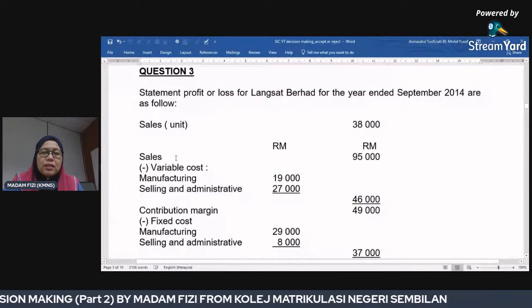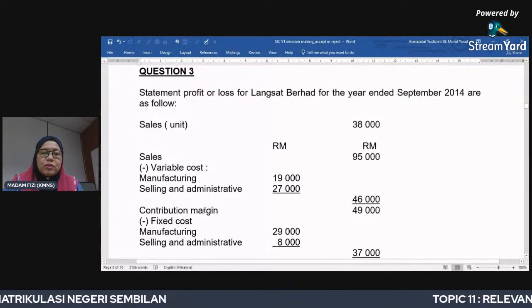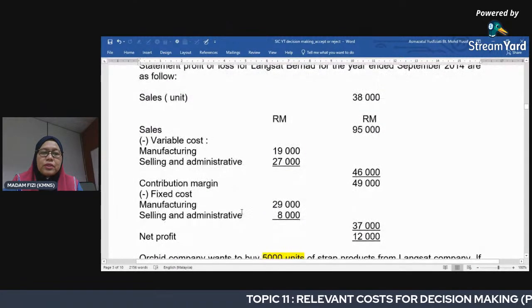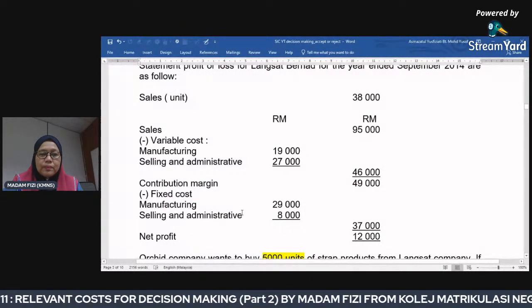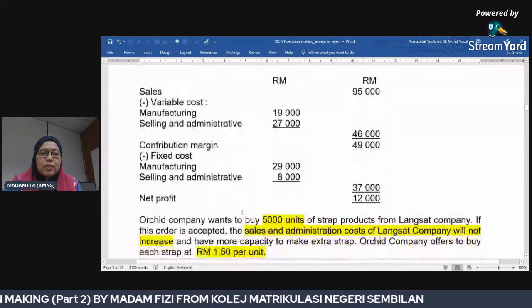The sales 95,000 minus the variable cost 46,000. So the contribution margin is 49,000 minus the fixed cost 37,000. Then the net profit is 12,000. So ini adalah yang asal.